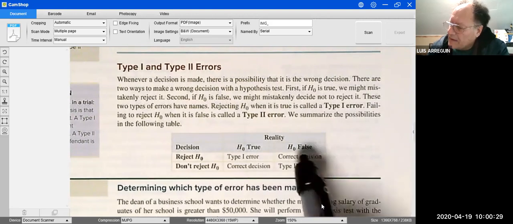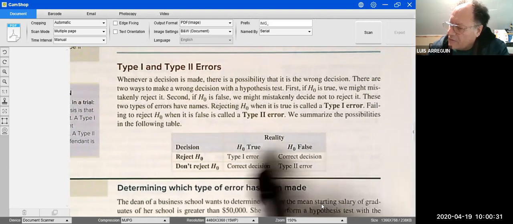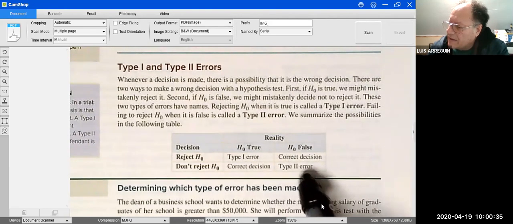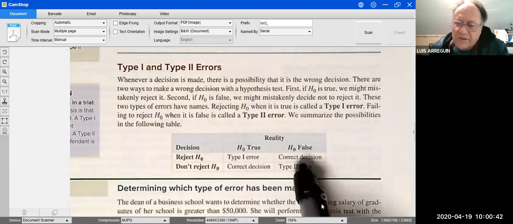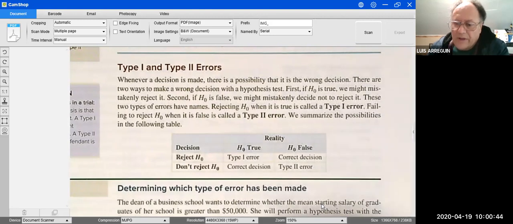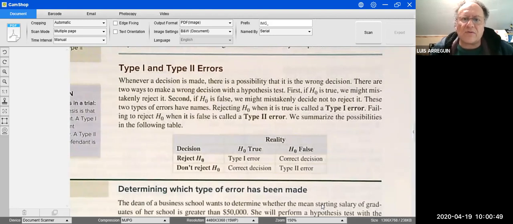And if the null is false and we don't reject the null, then we are committing a type 2 error. There are going to be some probability values associated with these types of errors that you're going to learn in more advanced courses. This is the only thing that you need to learn about. Rejecting the null, you commit a type 1 error if the null was true. You don't reject the null, then you commit a type 2 error if the null was false.